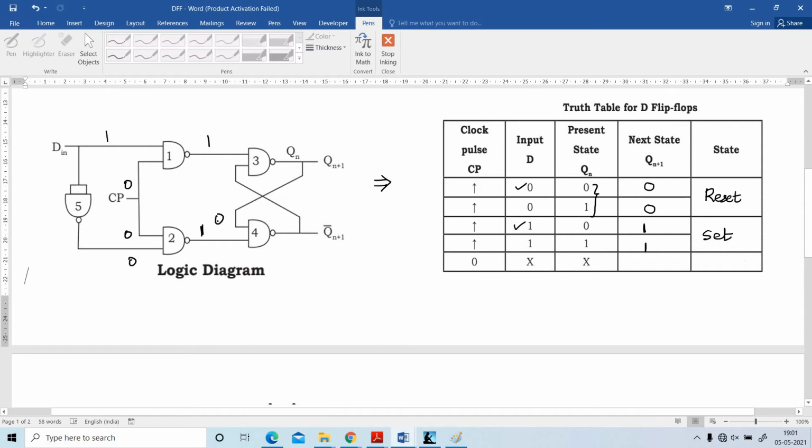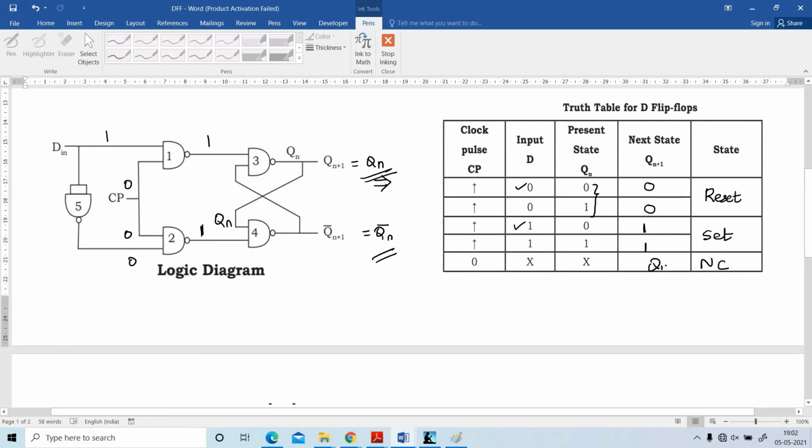Now Qn into 1 is equal to Qn bar. This Qn bar is multiplied with 1, that is equal to Qn. So there is no change in the state at all. These are about the truth table for the D flip-flop.